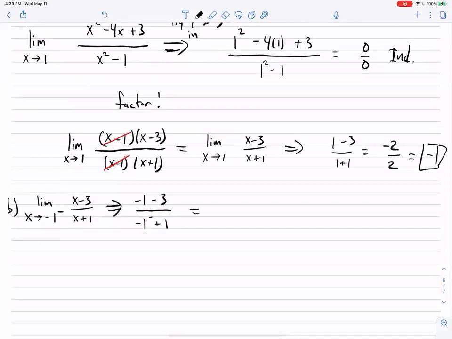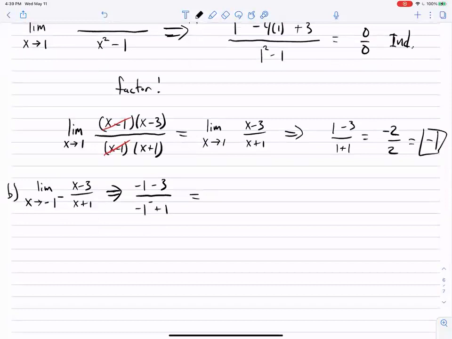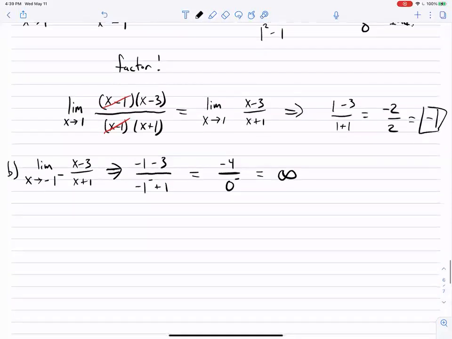What is that equal to? Well, this number right here is a number less than -1, maybe -1.1 or something. And so the whole bottom is going to be negative. And so this is going to be -4 over 0 from the left because it's smaller than -1. And what's negative over negative? It's positive infinity.